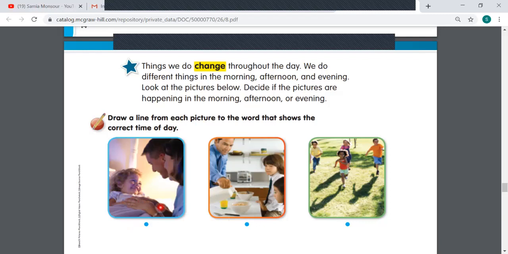And her parents are sitting next to her. And what are they doing in this picture? It looks like they're eating something. Could that be breakfast? How about this one? The kids are running in the park, it looks like. So which one do you think shows morning?